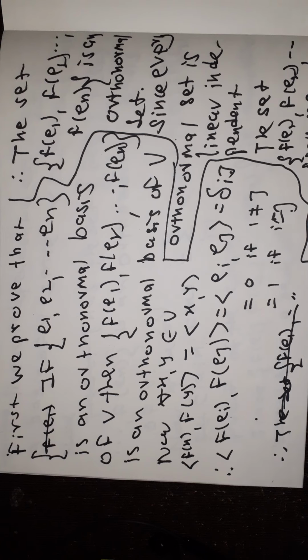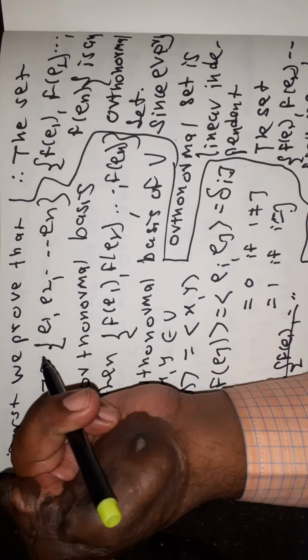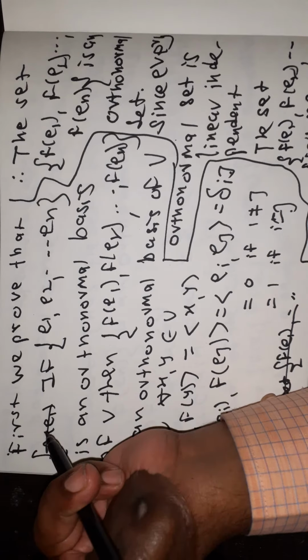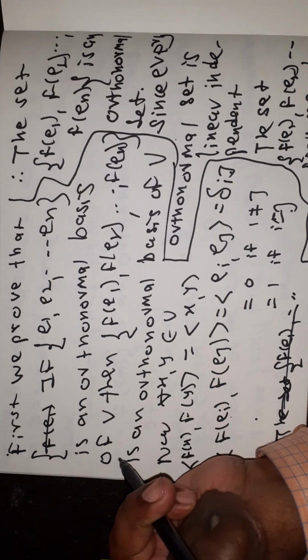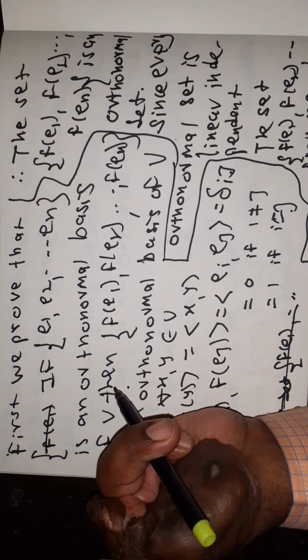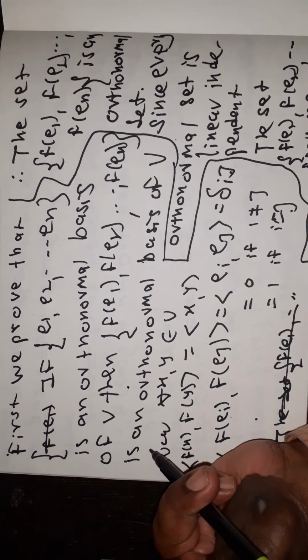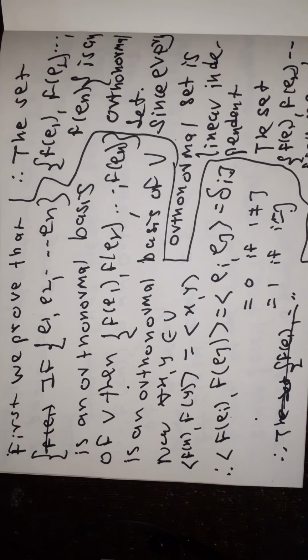In order to prove that f is a linear transformation, we use that f preserves inner product, which we proved. Now if e1, e2, ..., en is an orthonormal basis of V, then f(e1), f(e2), ..., f(en) is also an orthonormal basis of V.